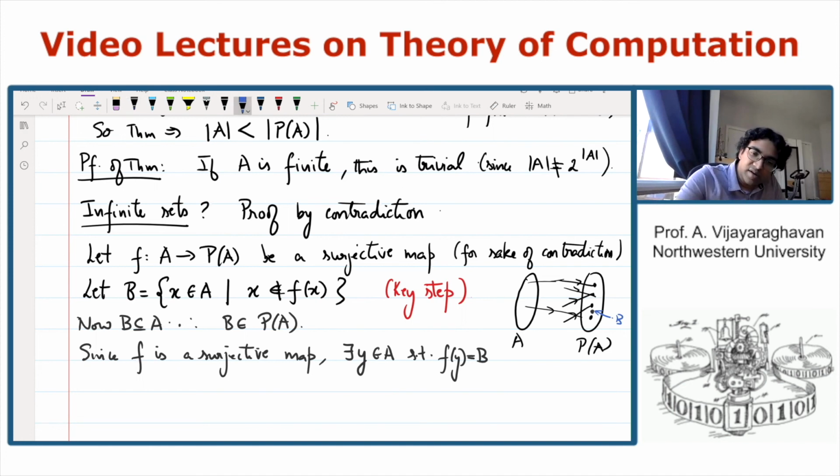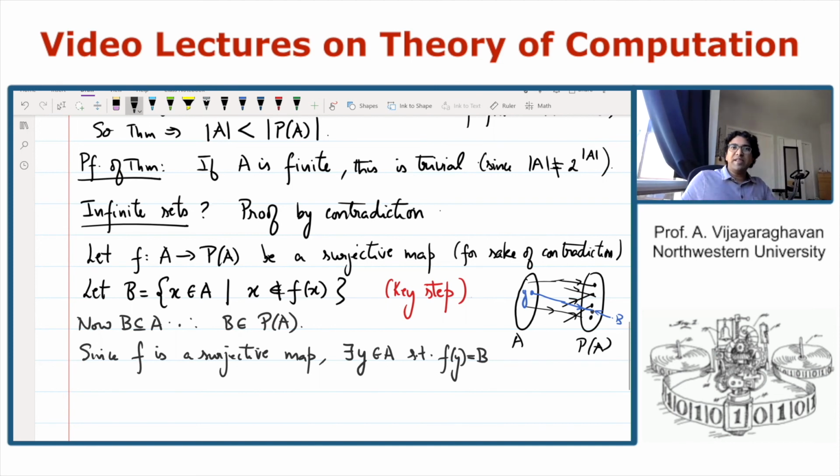B belongs to the power set, so it has to have at least one incoming arc. Let the element from which this incoming arc came be y. So f of y is equal to B.